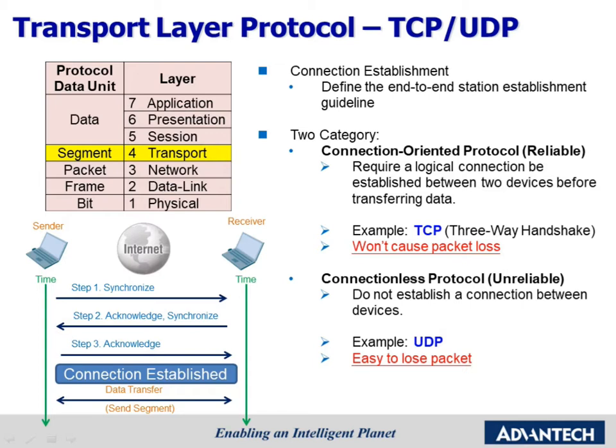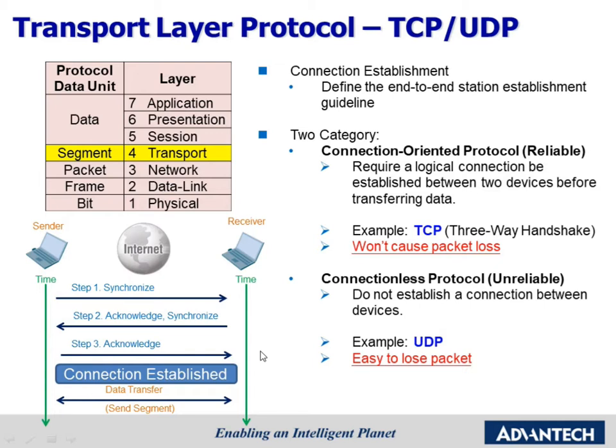The way to connect is to send a SYN command to the receiver. The receiver will send an ACK to inform that the packet is received, then send a SYN to the sender. After receiving the SYN from the receiver, the sender will send an ACK back to the receiver to confirm the packet is received.